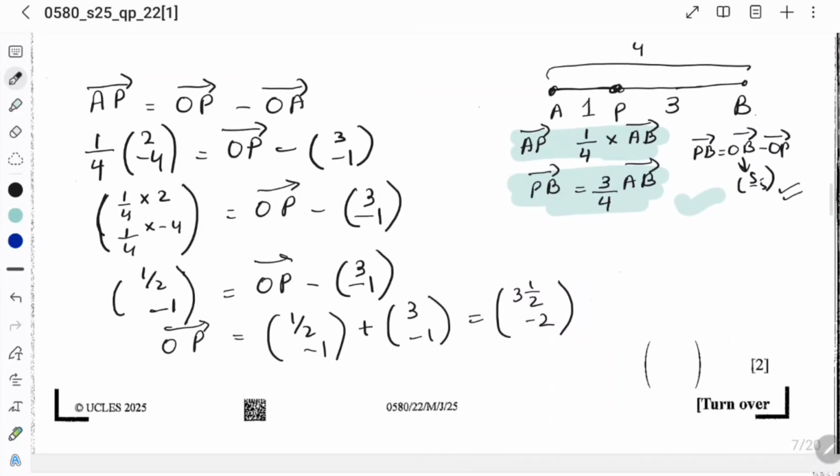You can write down either 7 over 2 and minus 2, or 3.5 and minus 2. Whatever you want you can write down, they all are the same answer. So 3 whole 1 over 2 and minus 2, or 7 over 2 and minus 2, that is the same answer. All right, now go to the next question.